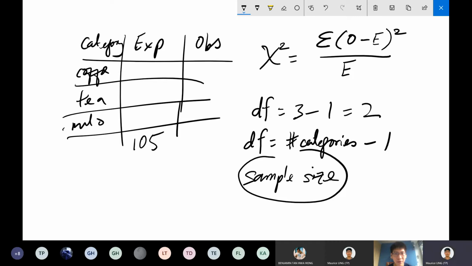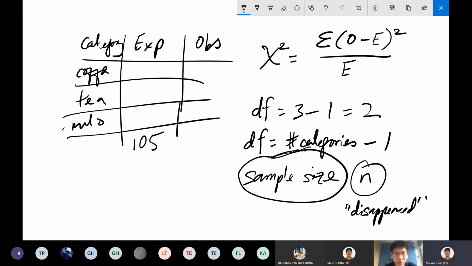When you do your ANOVA, when you do your t-test, there's always this sample size n. But where is n in this equation? Or did it just disappear? Somehow this sample size disappeared.